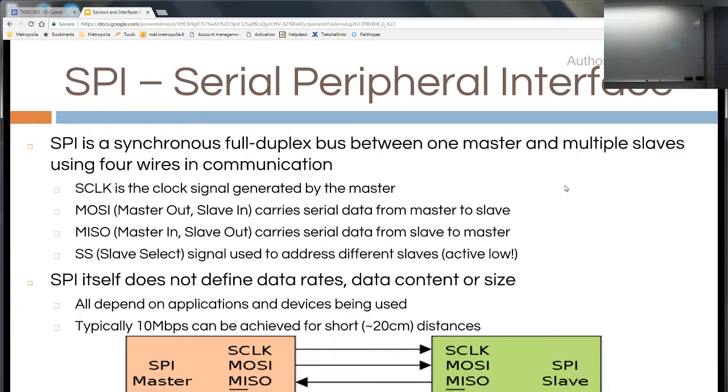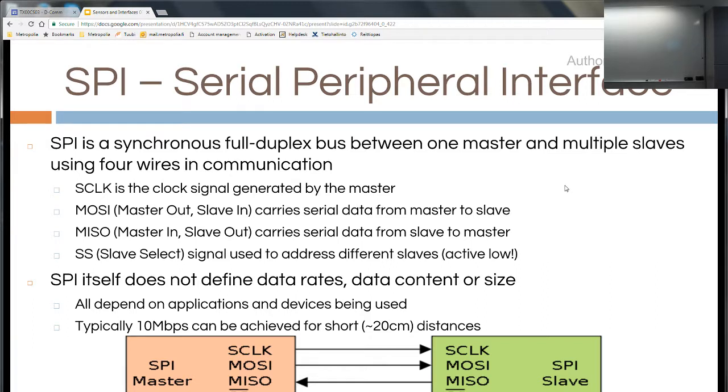All right, and then this should have been there before. So SPI, Serial Peripheral Interface. Full duplex, meaning there are data transmission lines for output and input. Signals are the 4 ones, and there's a serial clock.